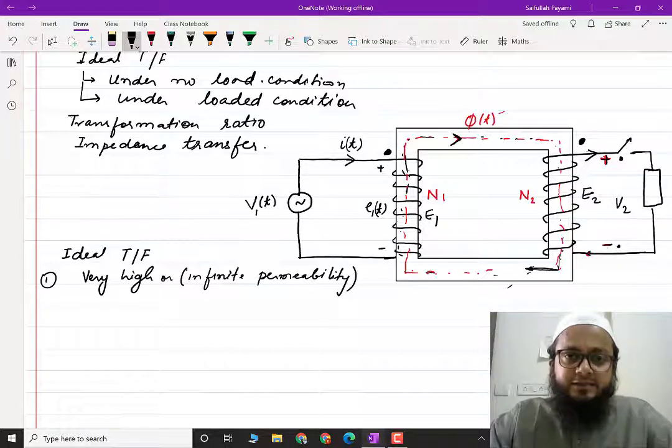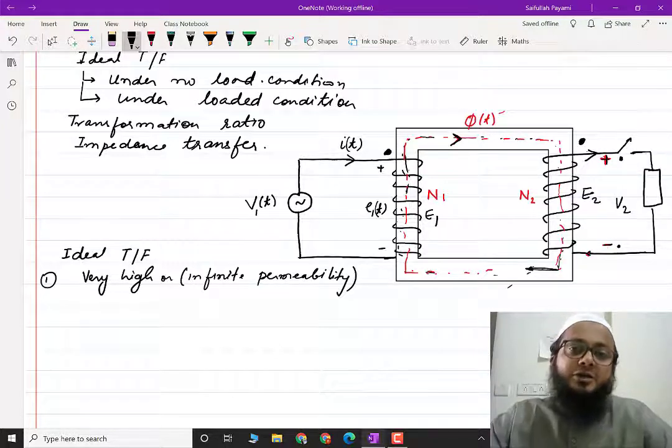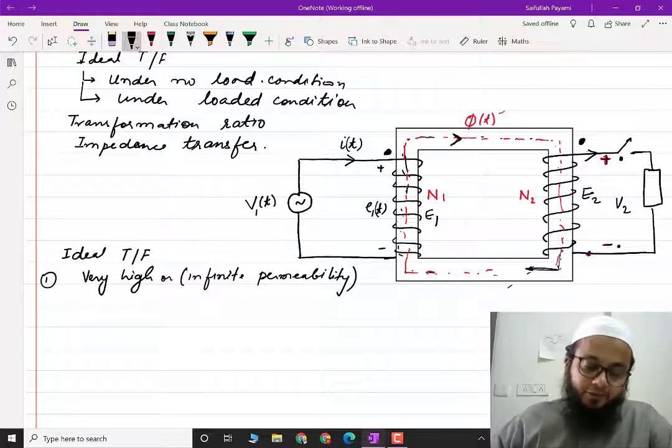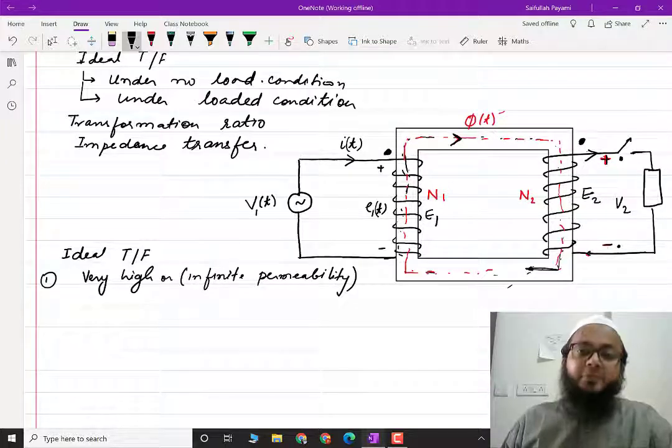If the reluctance is 0 or almost 0, then to establish a flux we would need a very minimal or almost 0 MMF. MMF is Ni, the number of turns into the current, so almost 0 current would be required. So I'm putting this condition for an ideal transformer: very high or infinite permeability.